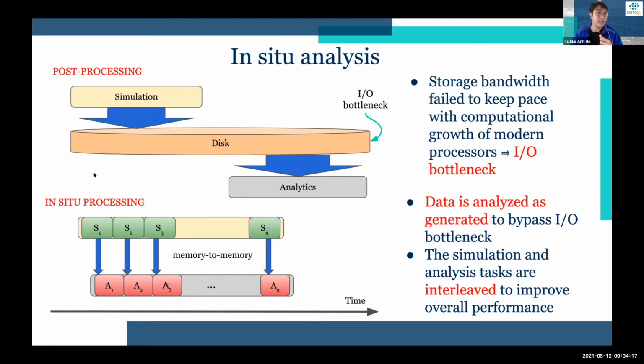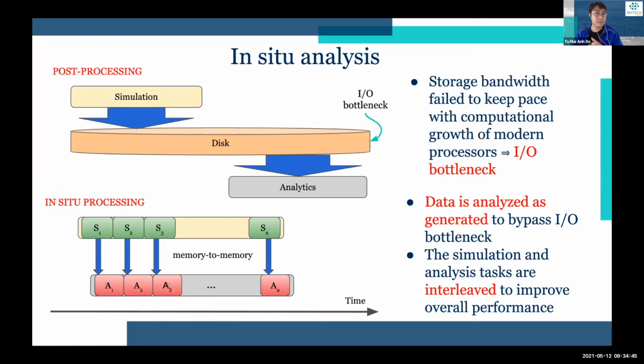Specifically, the data will be generated by the simulation over iterations, and at each iteration, the simulation data will be staged to the analysis for processing, and in that way, we can process the data on the fly while the simulation is running as well.